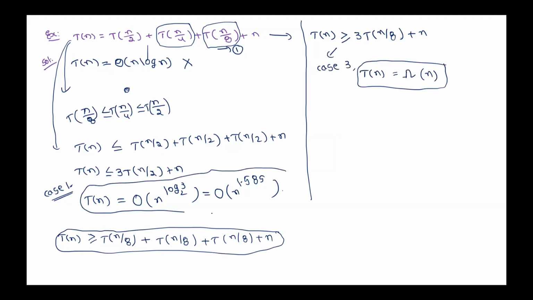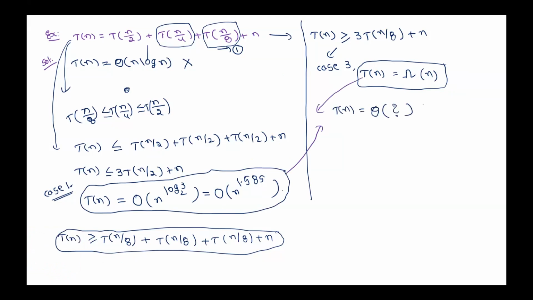Are these two matching? Matching means are these two the same? Always we need a theta bound. Based on these two, is it possible to give some theta bound? Not possible. Why? Because only if both are the same can we say something.